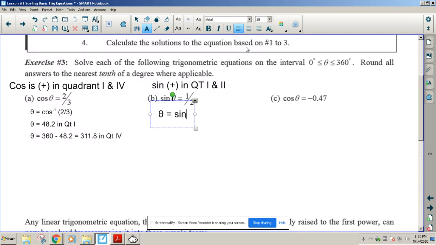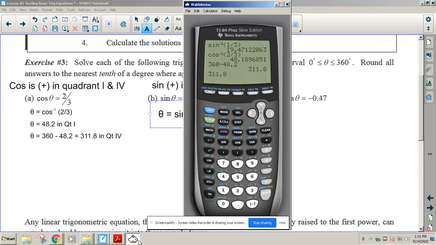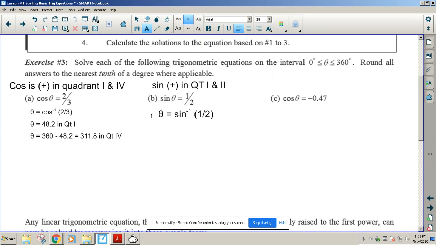Sorry about that, there we go. I need my calculator for this. So let's clear all this other stuff out. So the arc sine of 1/2, a 30-degree angle.